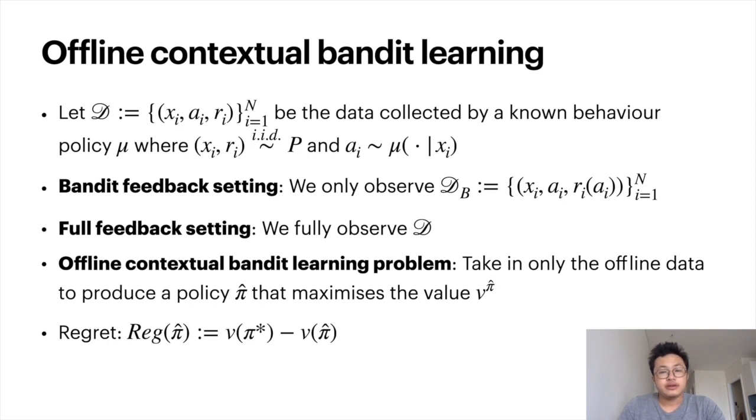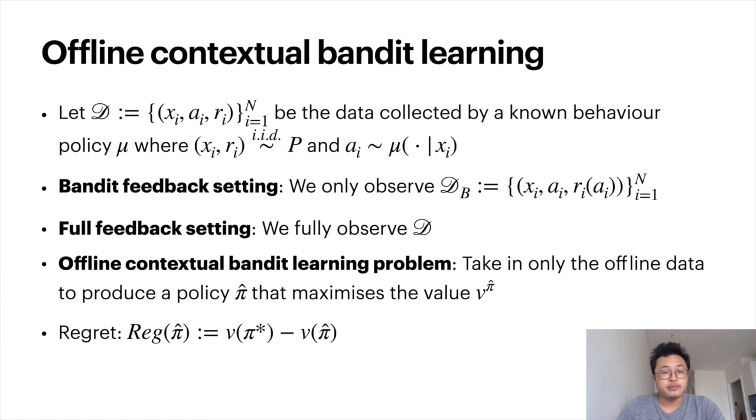In offline contextual bandit learning, there is no exploration. We are given offline data, denoted by D. D is data collected by a behavior policy mu, as IID samples from the distribution P, and A_i is chosen according to the policy mu.